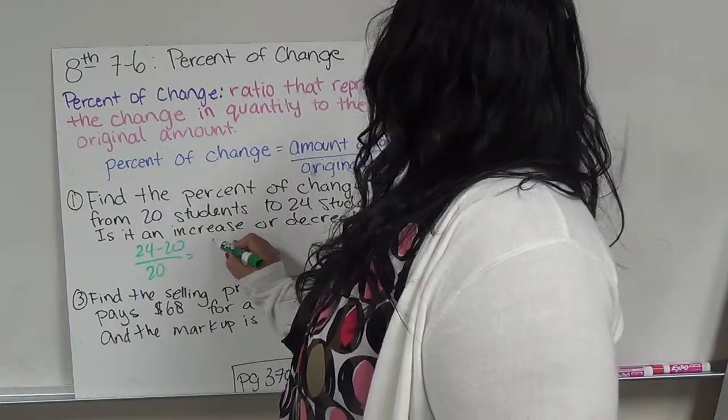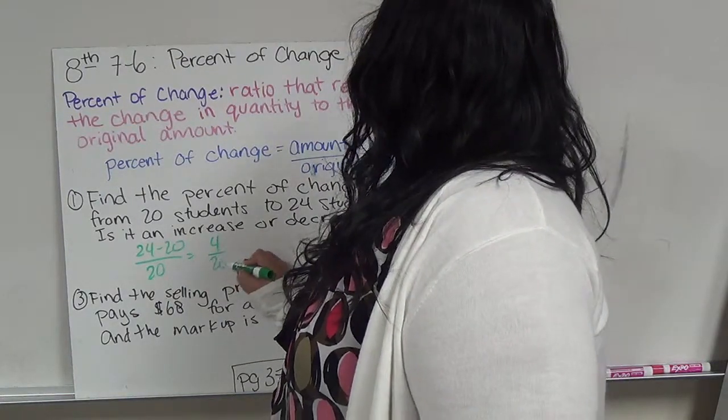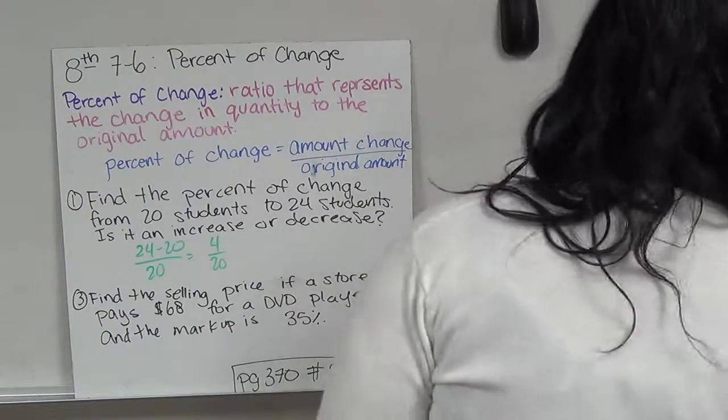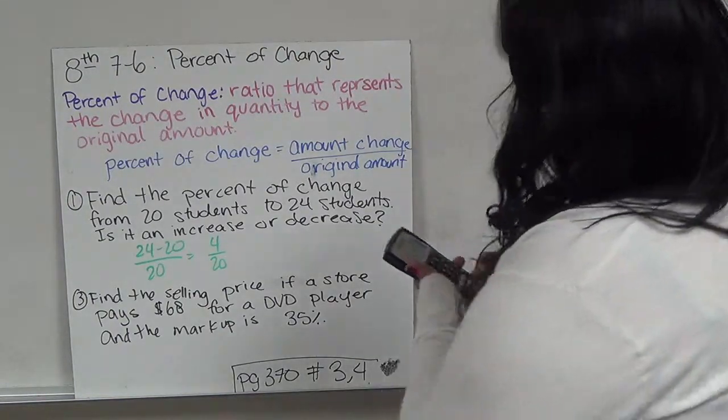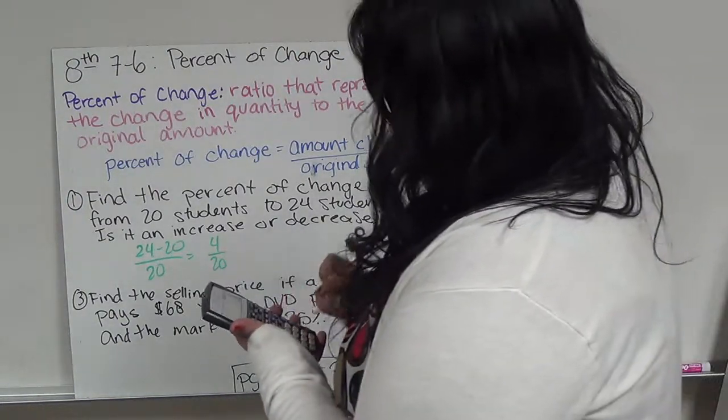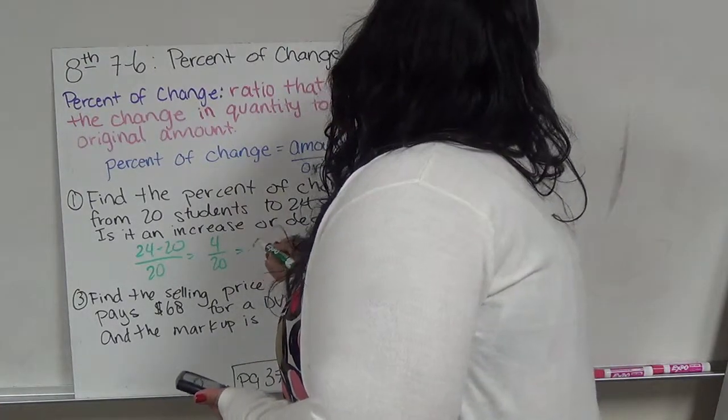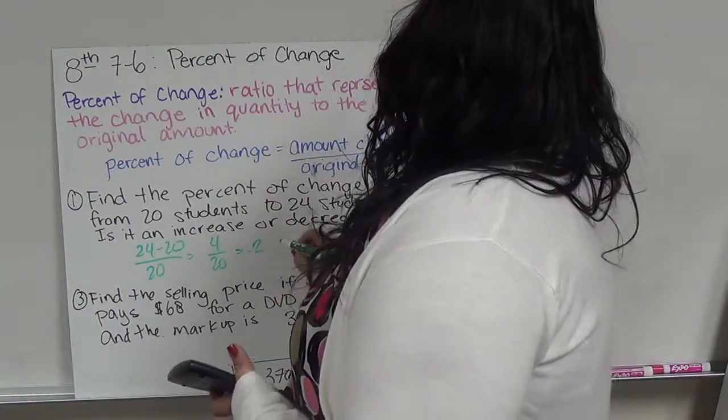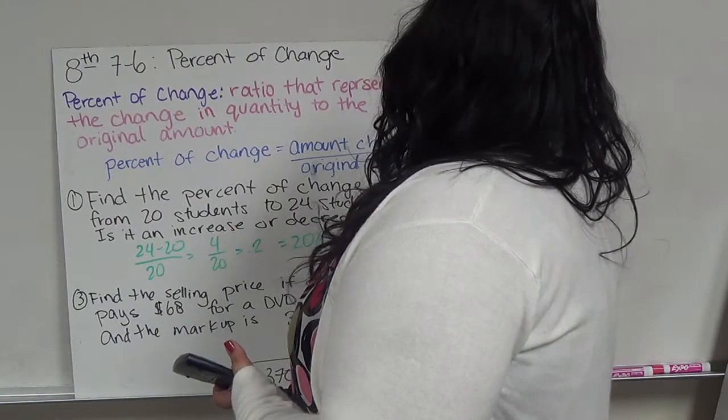So 24 minus 20 is 4 over 20, and 4 over 20 is 0.2, which in percentage would be 20%.